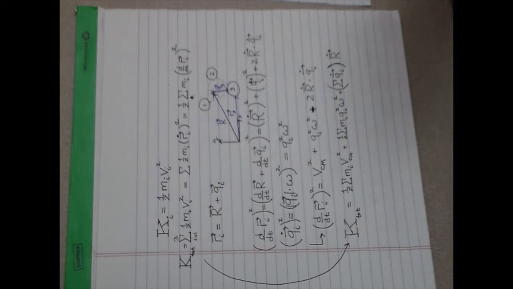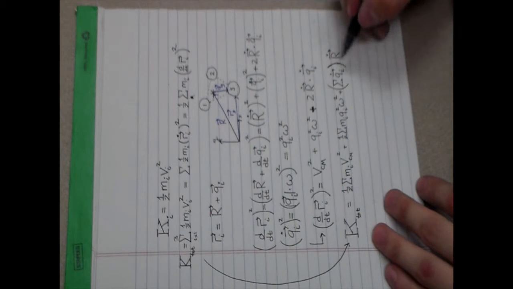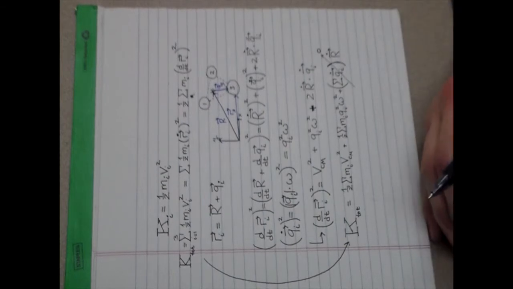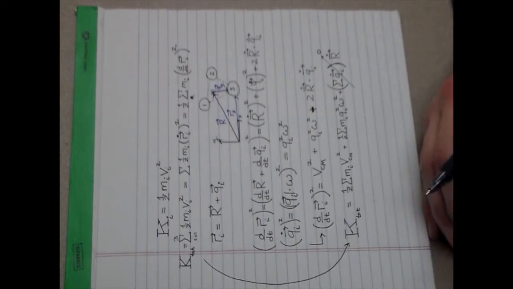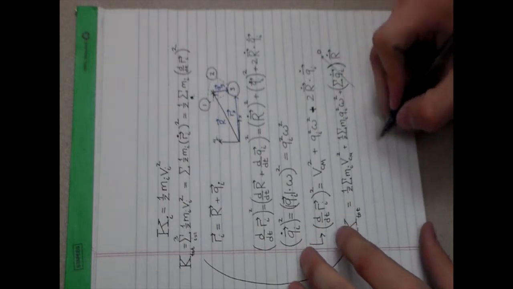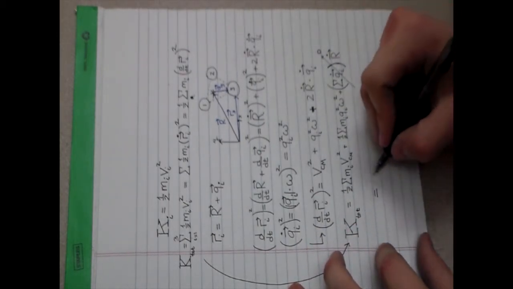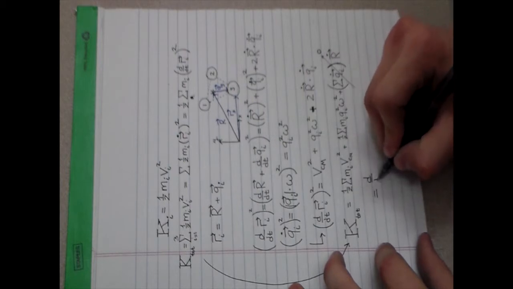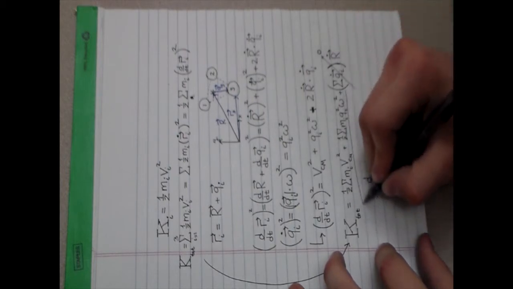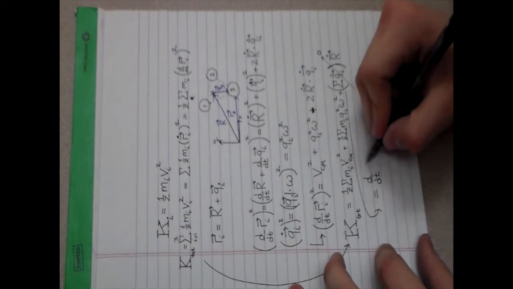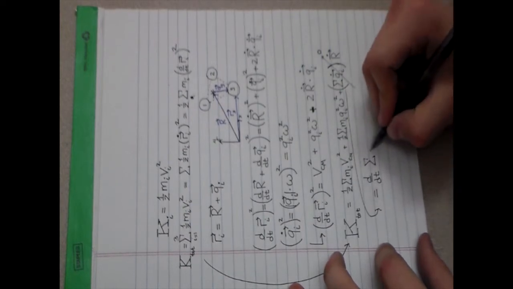So my claim is that this term is equal to 0. Because remember, this term is equal to the time derivative of, I can take that out and I get the sum over all the i's of qi. Not dot, just qi.